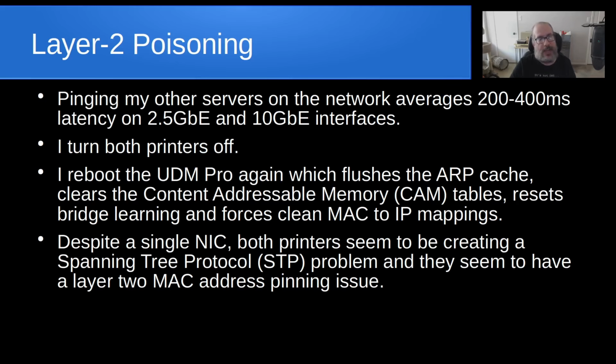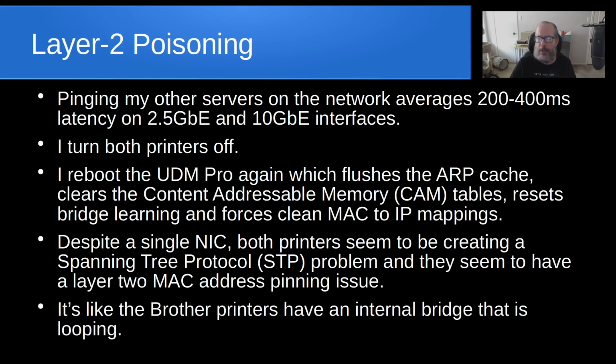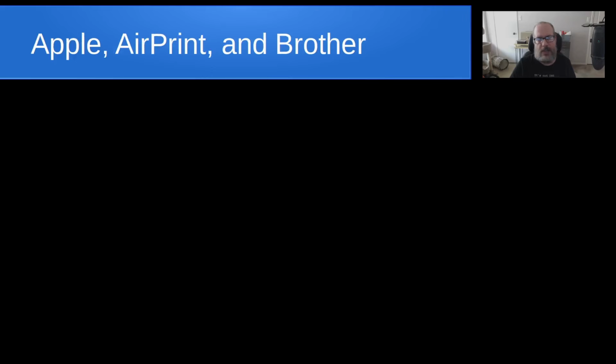Well, I suppose they have two because each of them has a built-in NIC and also the wireless NIC, but I'm not using the wireless NIC for anything at this point. So it's like the Brother printers have an internal bridge, and that internal bridge is looping on itself, and that's a good novice way to describe what's going on.